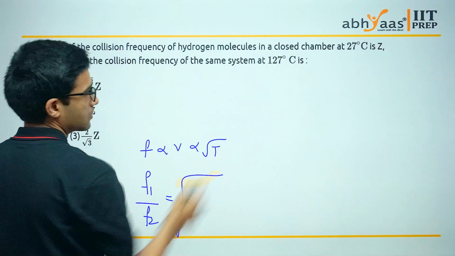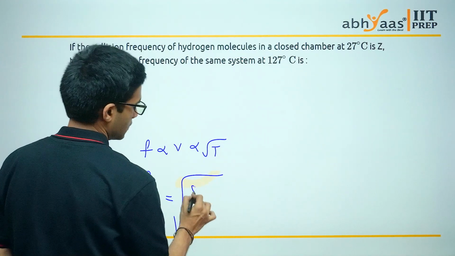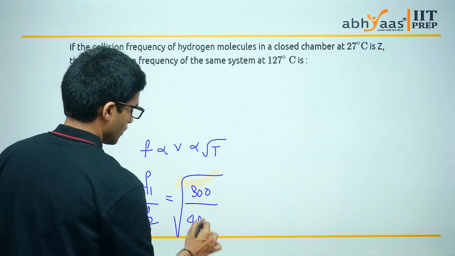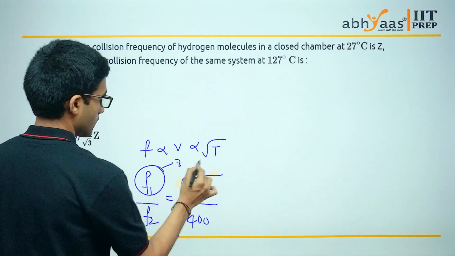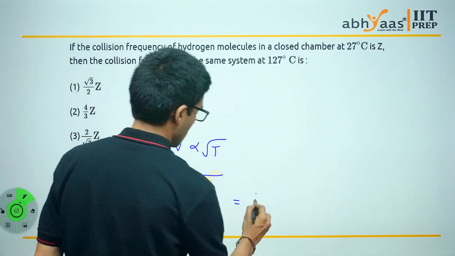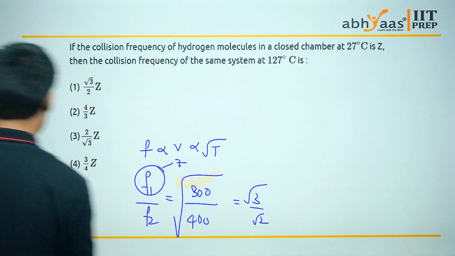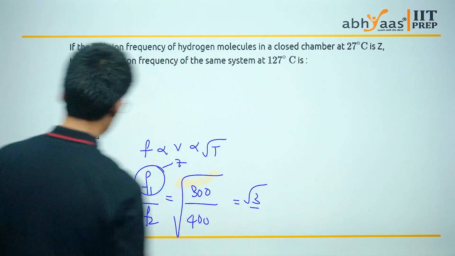If you convert 27 plus 273, that is 300, and 400. If you take this one as Z, then what happens? Root 3 by 2.